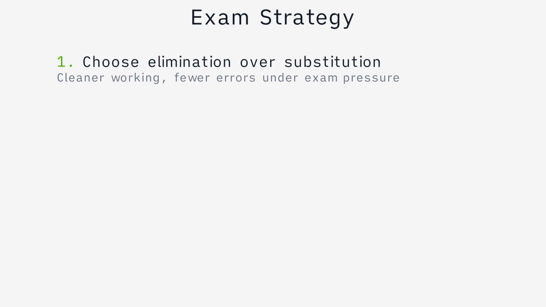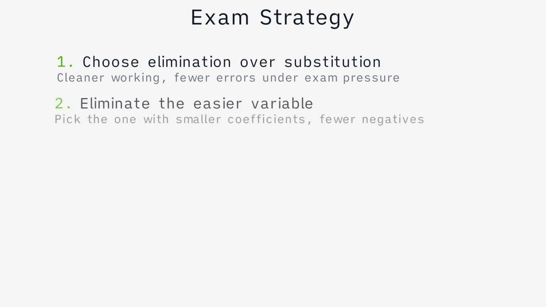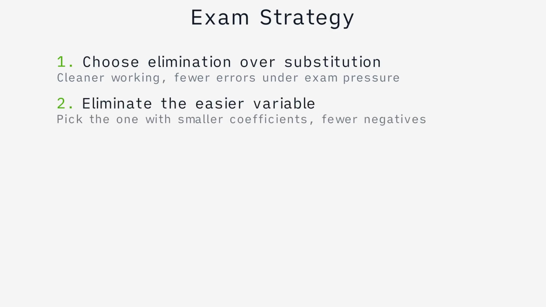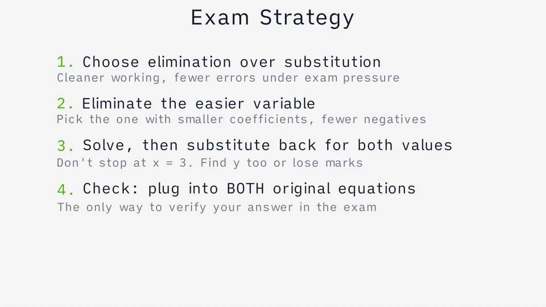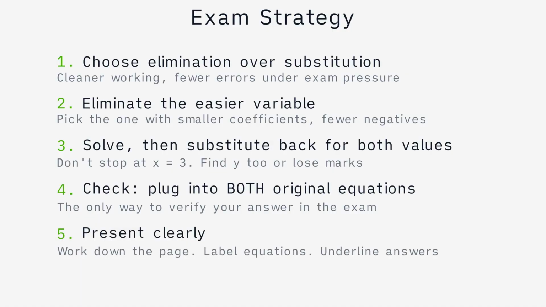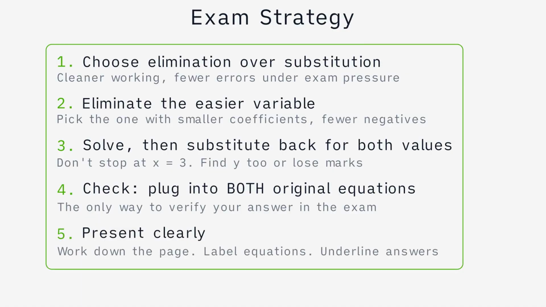The other bit here, check by substituting back, and that's what we did here. We plugged in our values into both the originals. And if you'd made a mistake here, for example, and got a positive 4, or you'd made another mistake with a negative somewhere, that would be caught in the checking bit.